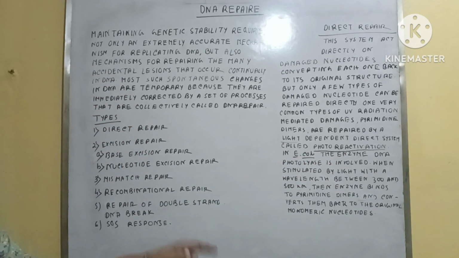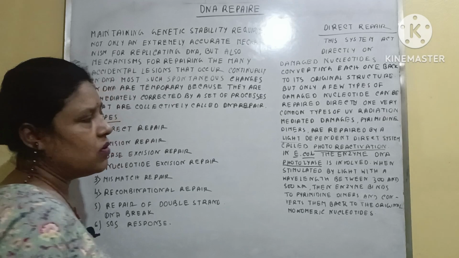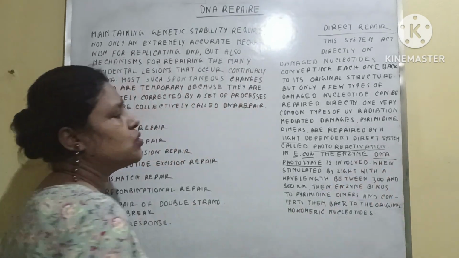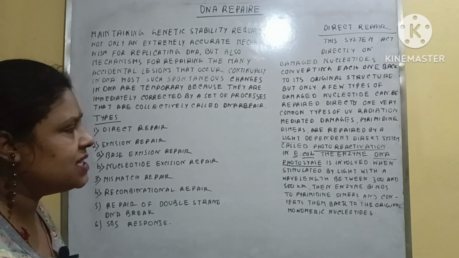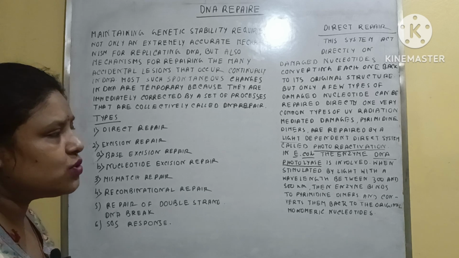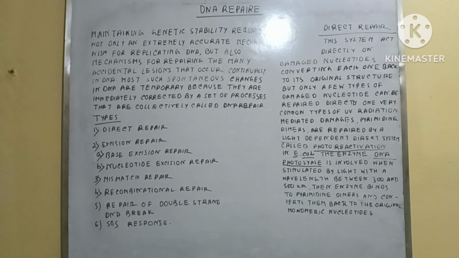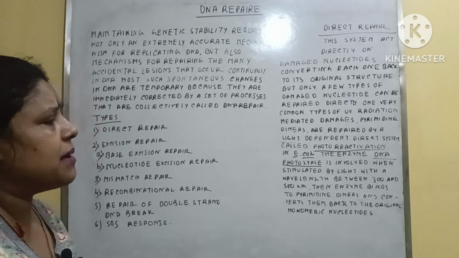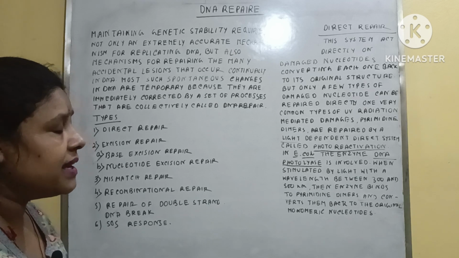Which enzyme is important for this mechanism? The enzyme is DNA photolyase. When stimulated by light with a wavelength between 300 and 500 nanometers, the enzyme binds to pyrimidine dimers and converts them back to the original monomeric nucleotides. So what is happening here?